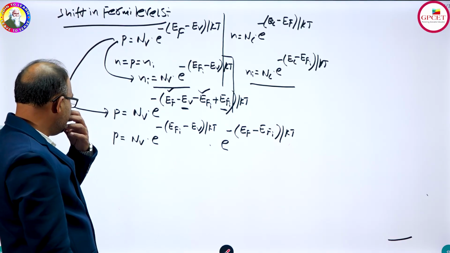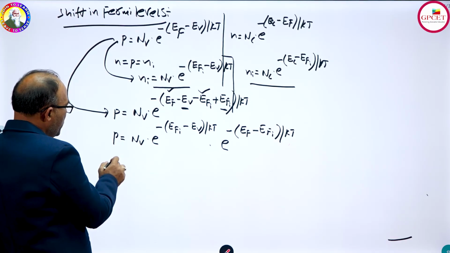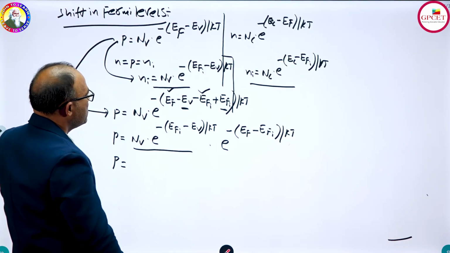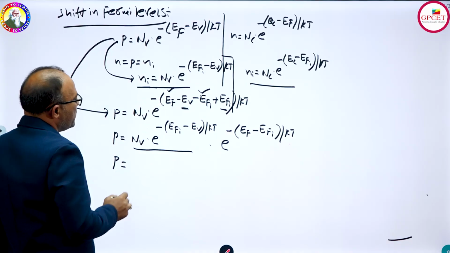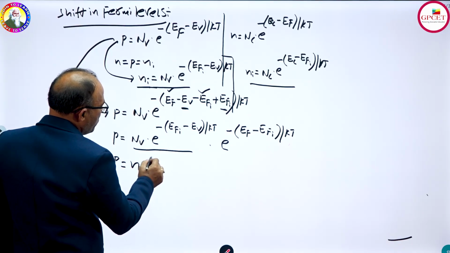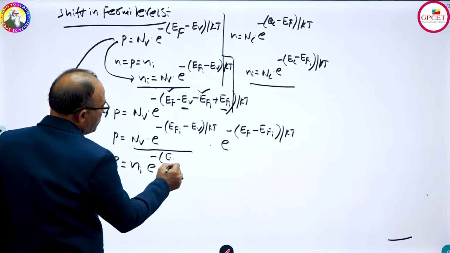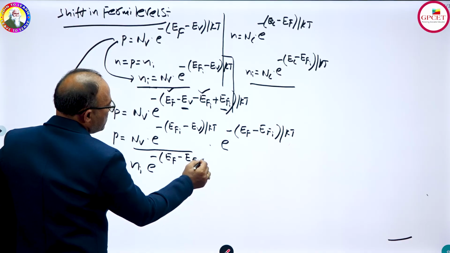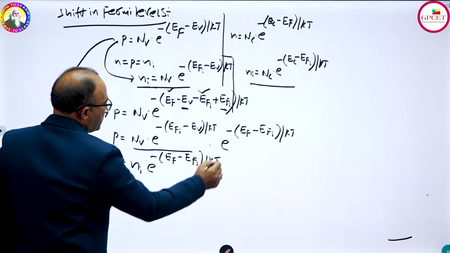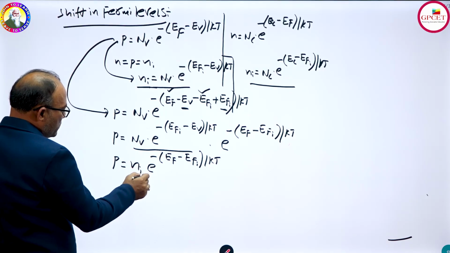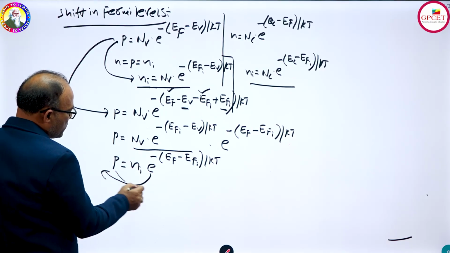So now P is equal to, instead of all this, I can write the intrinsic concentration Ni. Therefore P is equal to Ni into e power minus of EF minus EFI divided by KT. So from this, bring this one this side and bring this P this side.